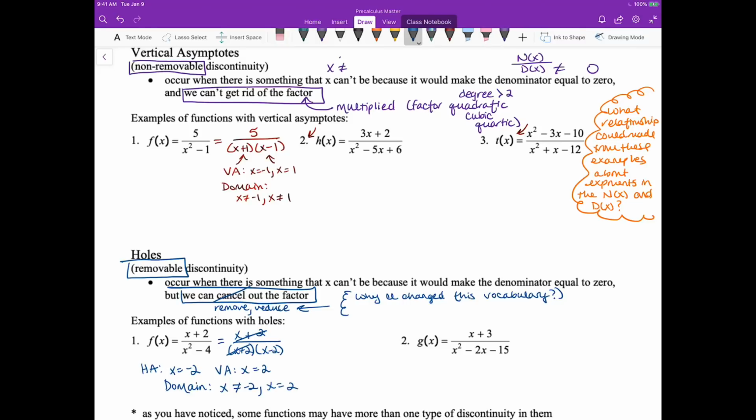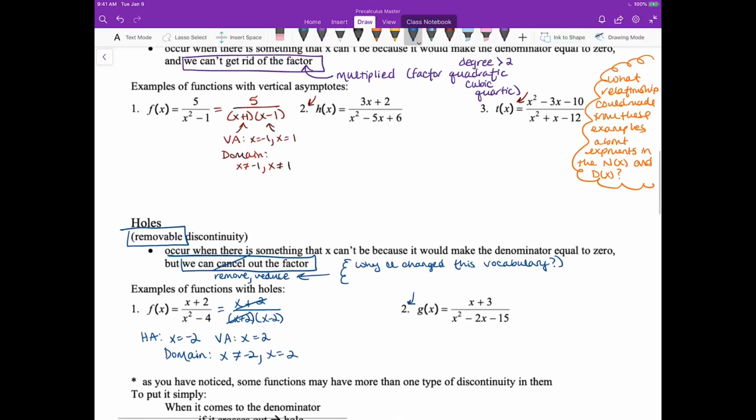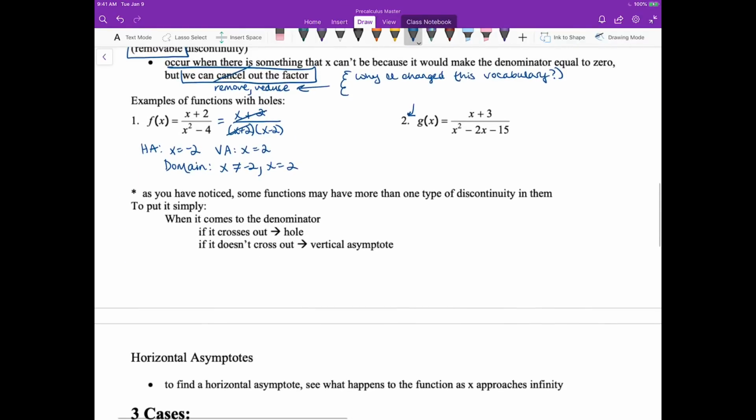And so you can do the other examples in here. So basically, as you've noticed, if it crosses out, then it means there's a hole in the graph. And if it doesn't cross out, then that means there's a vertical asymptote in the graph.